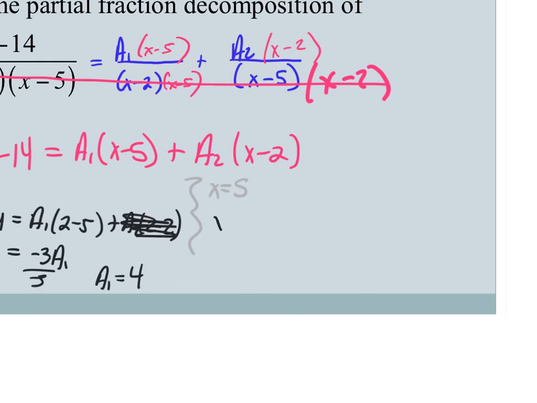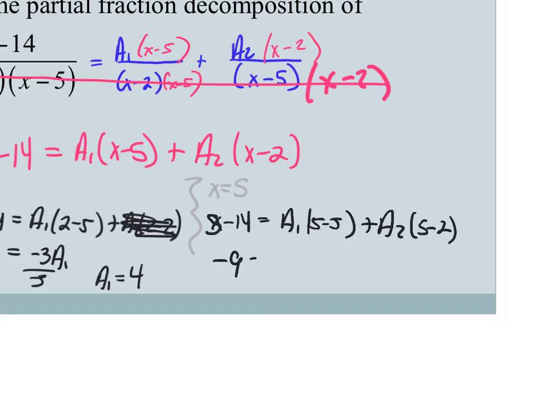I have x minus 14 equals a sub 1 times 5 minus 5 plus a sub 2 times 5 minus 2. Whoops, I forgot to put a 5 there. What's 5 minus 14? Negative 9. 5 minus 5 does what? So then I have 3 a sub 2. Divide both sides by 3, and a sub 2 equals negative 3.